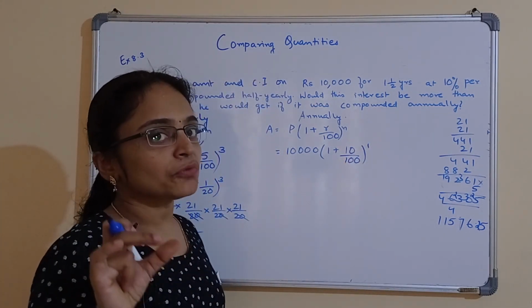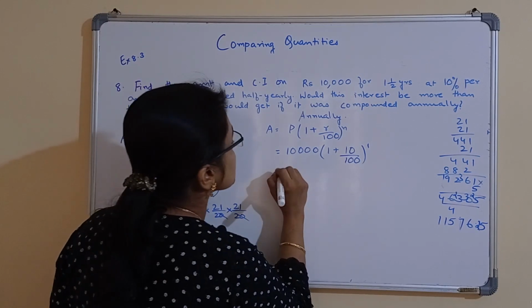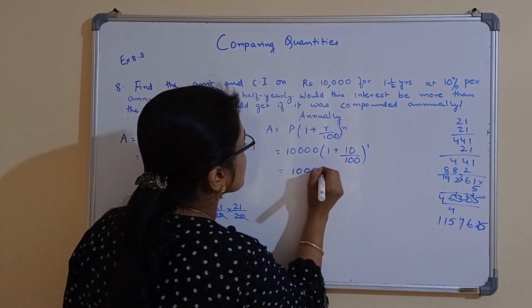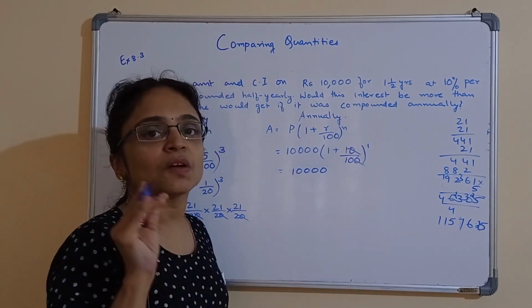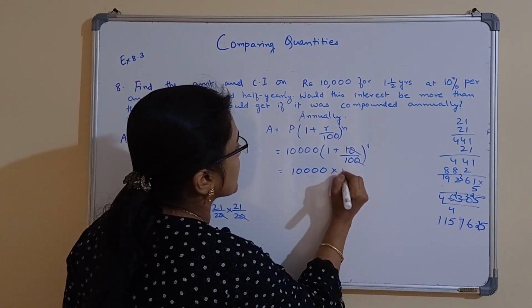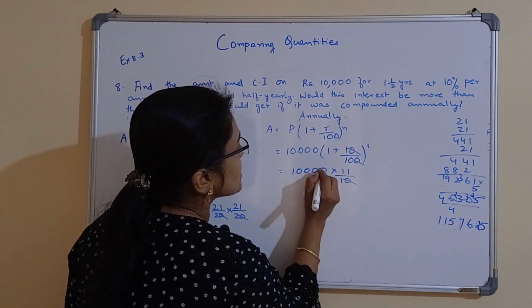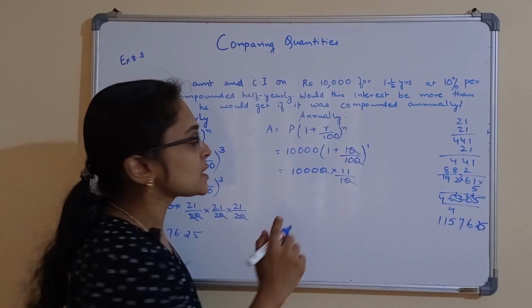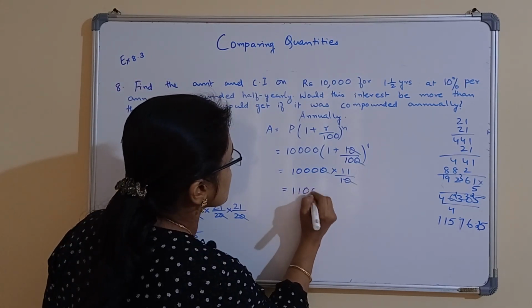We'll find the amount for 1 year first. So this is 10,000 into 1 plus 1 by 10, which is 11 by 10. So 1000 into 11 is 11,000.